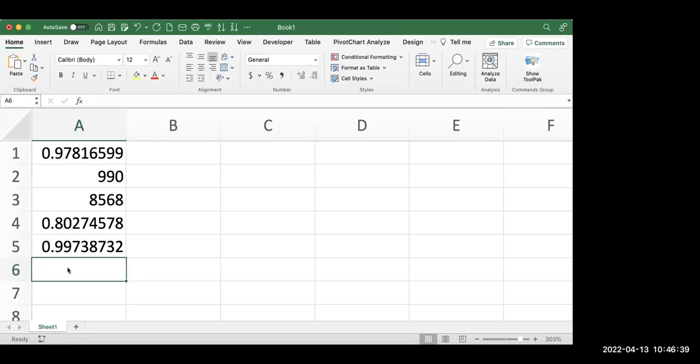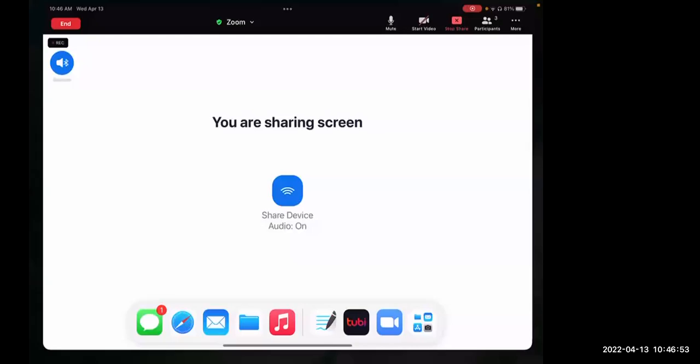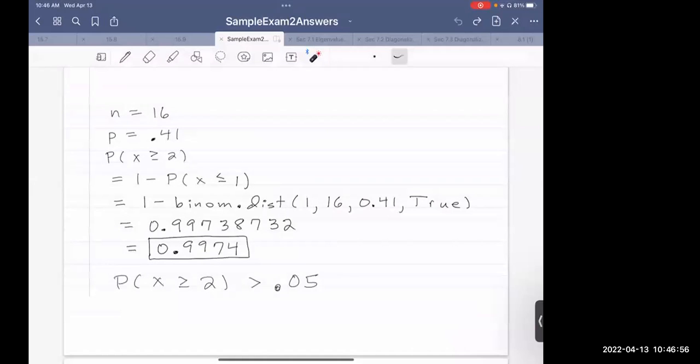And so I get 0.99738732. Let me type that into my iPad. And so I have 0.99738732. Round this to the nearest 10 thousandths.